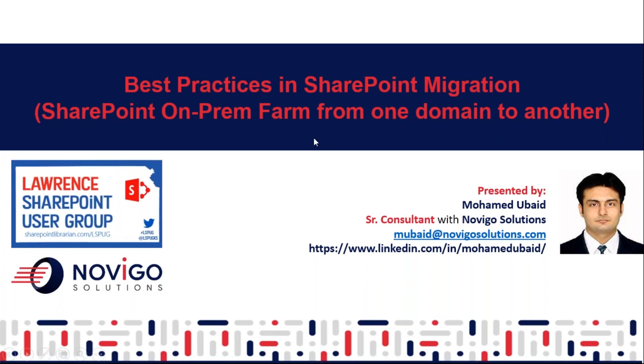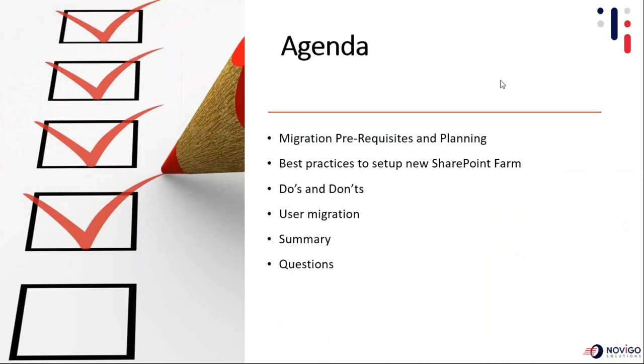So let's have a look at today's agenda. This is what I'm going to talk about today. Migration prerequisites and planning. What you need before you can start your SharePoint and your domain migration. These are the activities you need to take care of before you start with your migration. These include preparing your source environment, preparing your destination environment, and ensuring your users are well aware of the migration that is going to happen. Best practices to set up your new SharePoint farm.